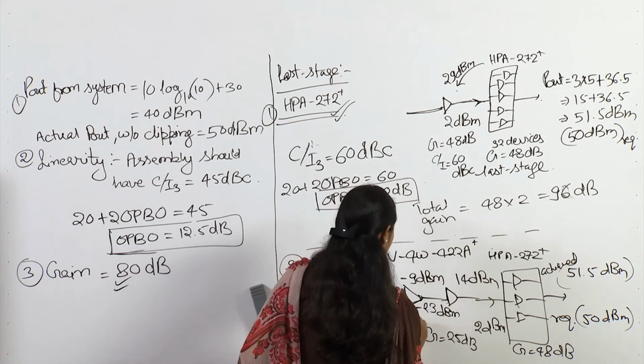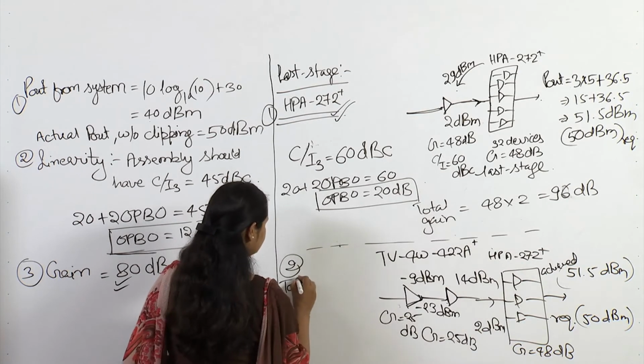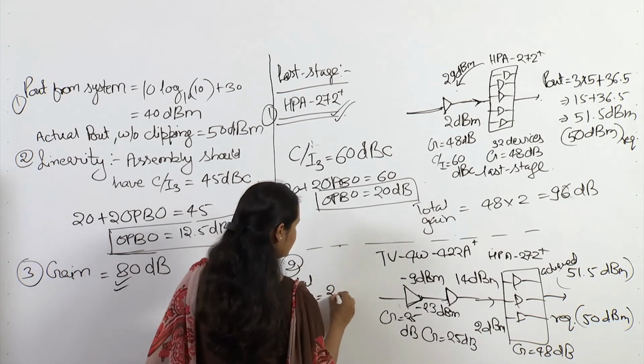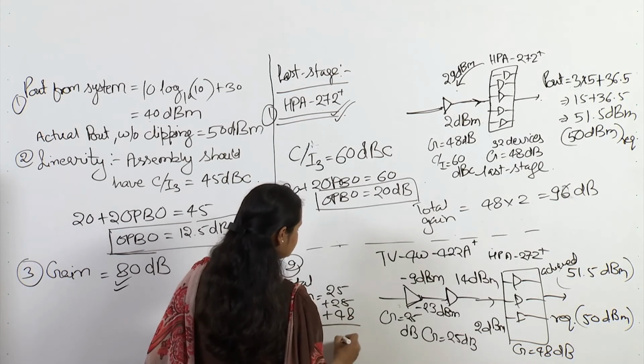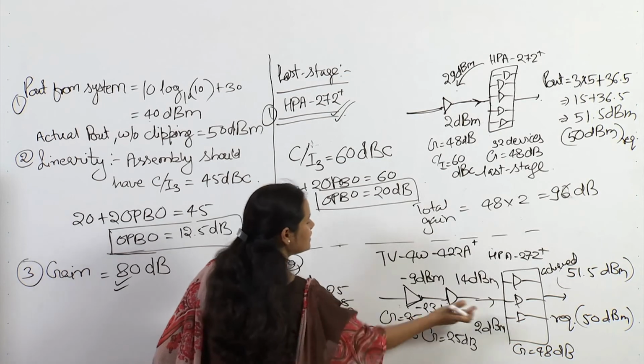This one will again have a gain of 25 dB. So total gain will become 25 plus 25 plus 48. So 98 dB will be the total gain in this solution.